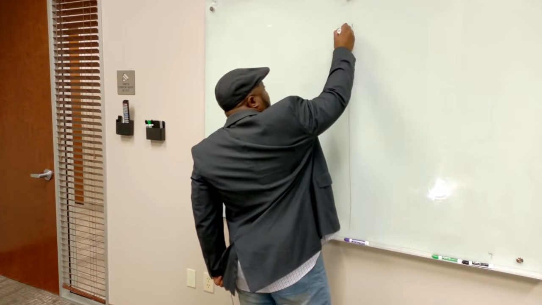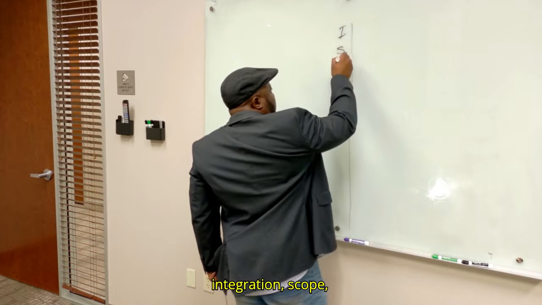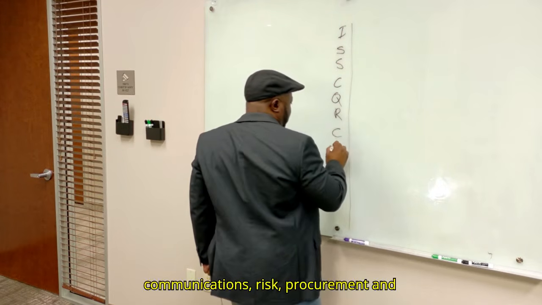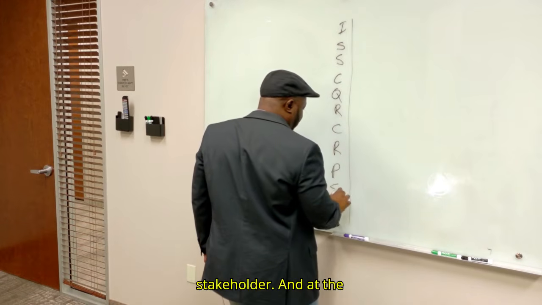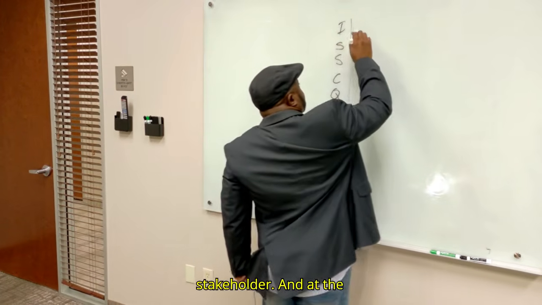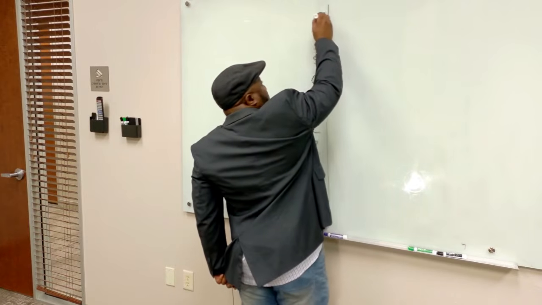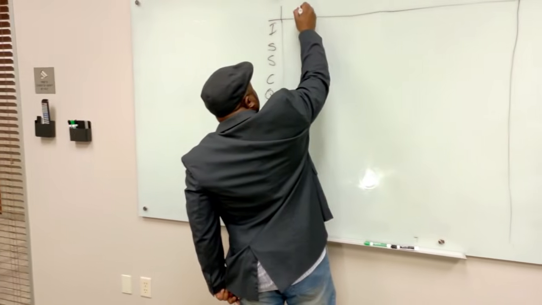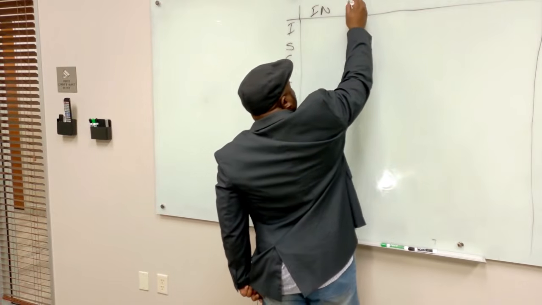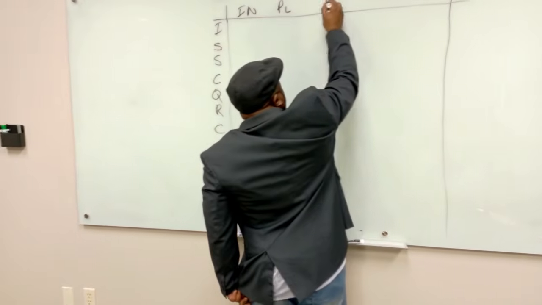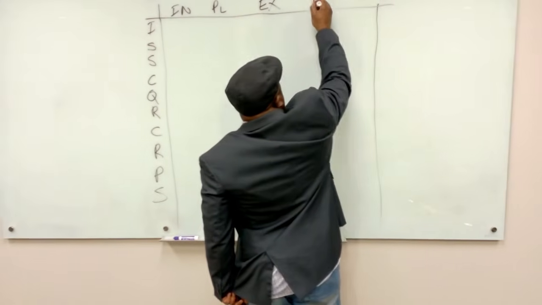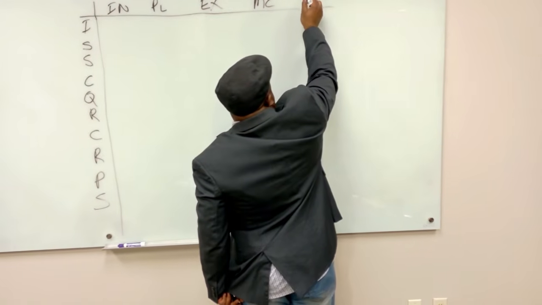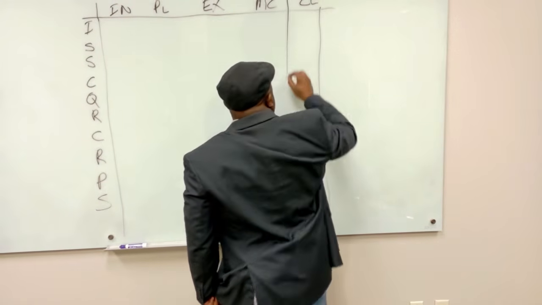So we have integration, scope, schedule, cost, quality, resources, communications, risk, procurement, and stakeholder. And at the top, we have initiating, planning, executing, monitoring and controlling, and closing. Okay.